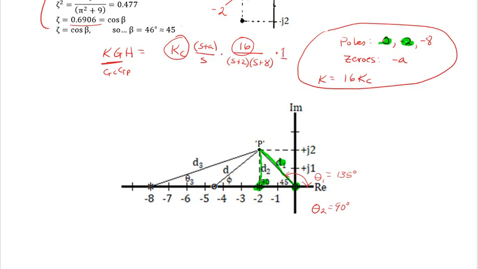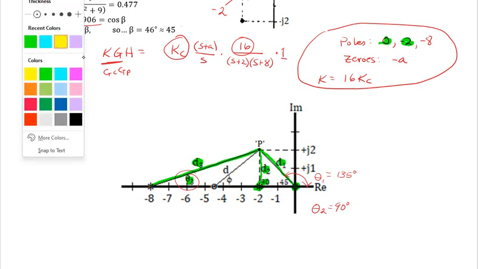And then we've got theta 3, which is right out here, and that's from the pole at -8 to P. We've got a distance d3 and the angle theta 3. So we've got all our pole distances and angles all marked.